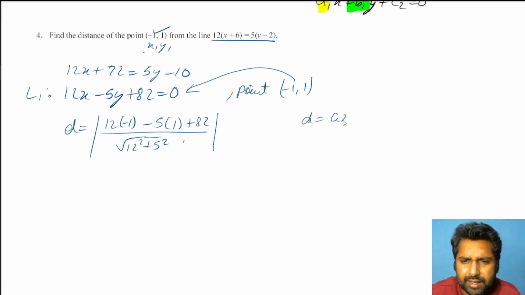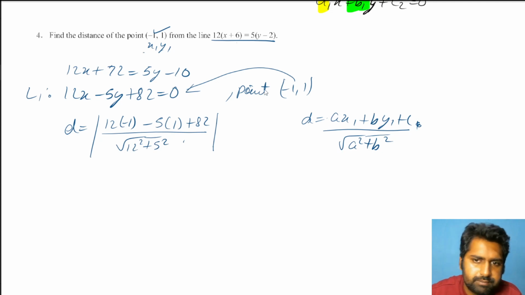You can use the formula directly also, ax1 plus by1 plus c upon square root of a square plus b square. My recommendation again, go for the simpler method, put the point in the straight line directly.